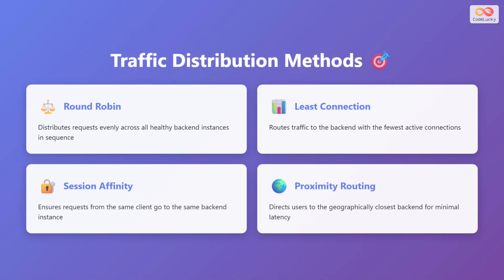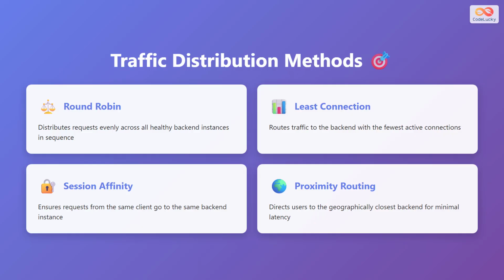GCP load balancers use various algorithms to distribute traffic effectively. Round-robin distributes requests evenly across all healthy backend instances in sequence, ensuring fair distribution. Least connection routes traffic to the backend with the fewest active connections, which is ideal when backends have varying processing capabilities.